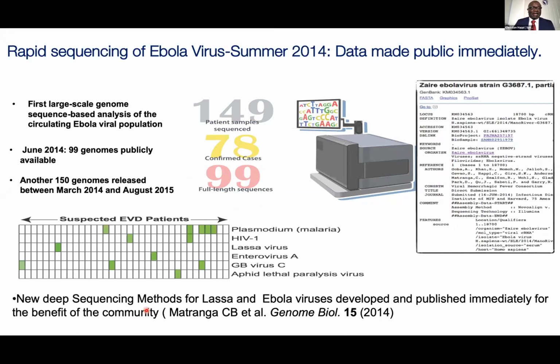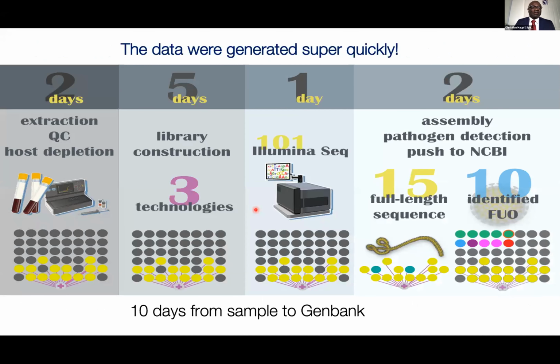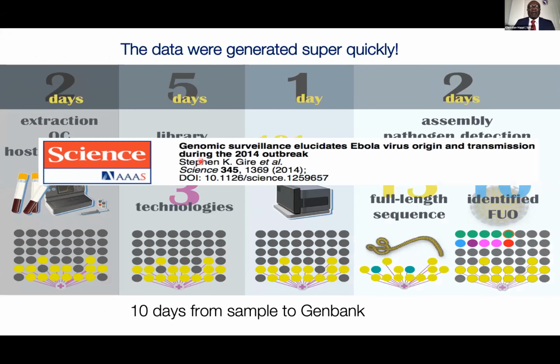We also shared our method for next-generation sequencing with the international community. We're very happy that the global community has embraced what we started in 2014, with GISAID, where everybody is depositing SARS-CoV-2 data. What was unprecedented was that from sample collection to depositing the data in GenBank, we did this in 10 days. And our paper could come out only 4 months after we did this exercise.